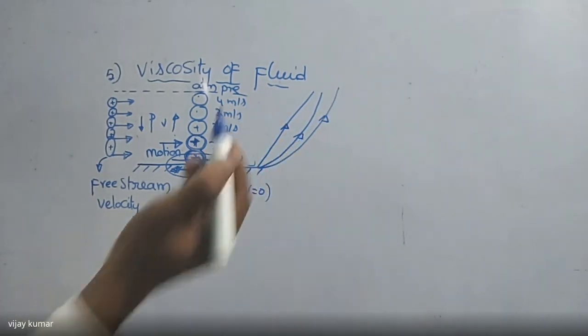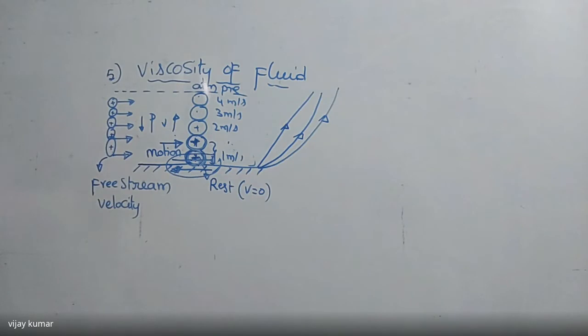Different types of fluids follow different types of velocity profiles. In nature we have different fluids, and those fluids passing over any boundary follow different types of profiles: linear, parabolic, cubic or a curve.